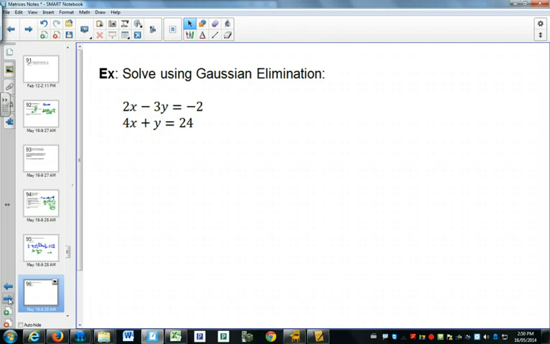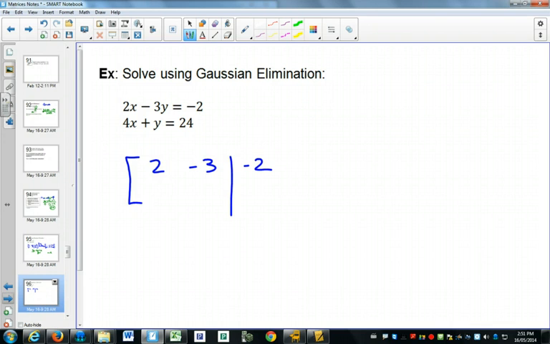Again, write your augmented matrix. 2, negative 3, negative 2, 4, 1, 24. What would we have to do to row 2 to make this a 0?